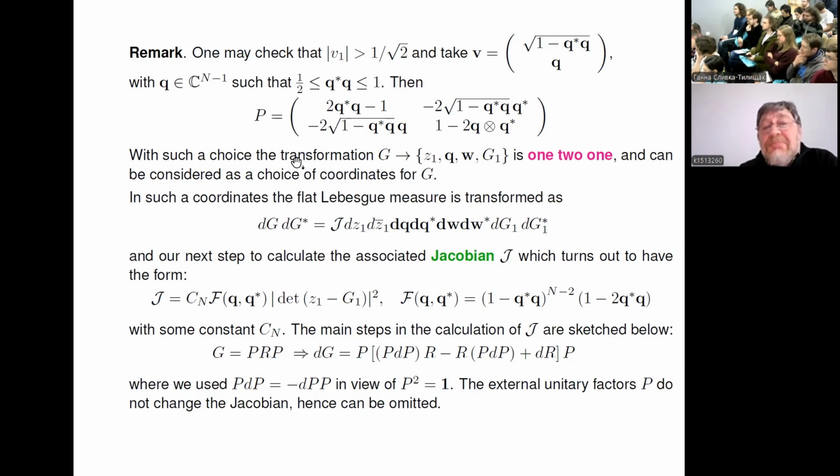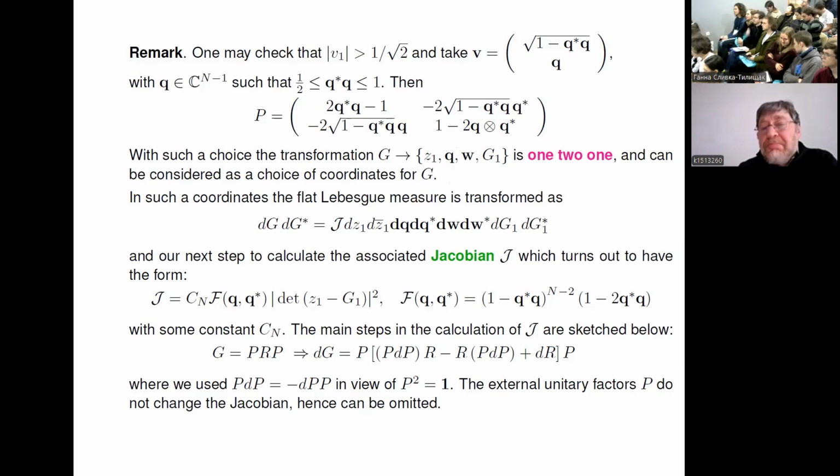So one can use this set of variables as just a choice of coordinates on the manifold describing our general complex matrices G.